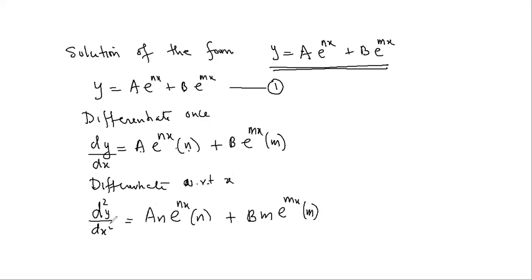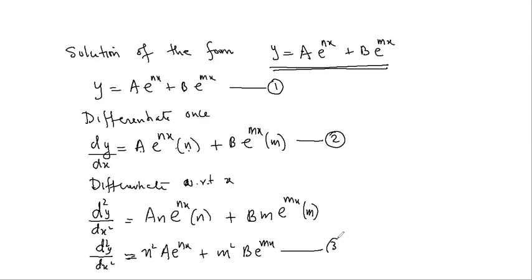I hope you have no problem in the derivative. I have cut down the steps. So I can write n square a e raised to nx plus m square b e raised to mx. This is my equation number 2. This is my equation number 3.